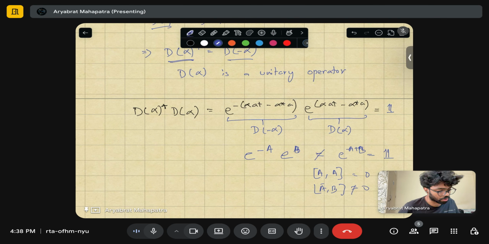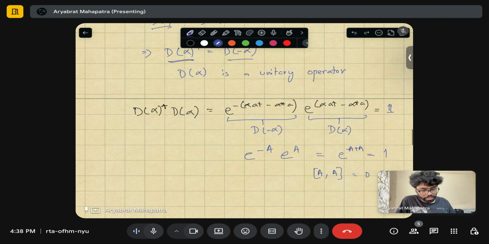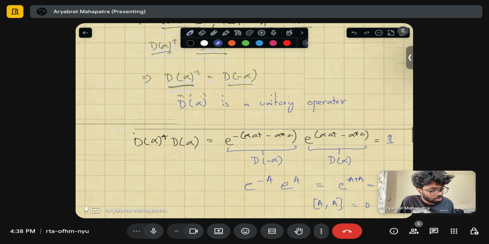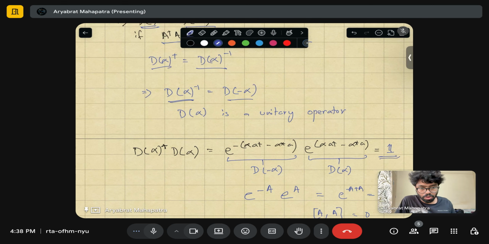This would have been wrong. Fine. So this is how you prove this is your identity operator.